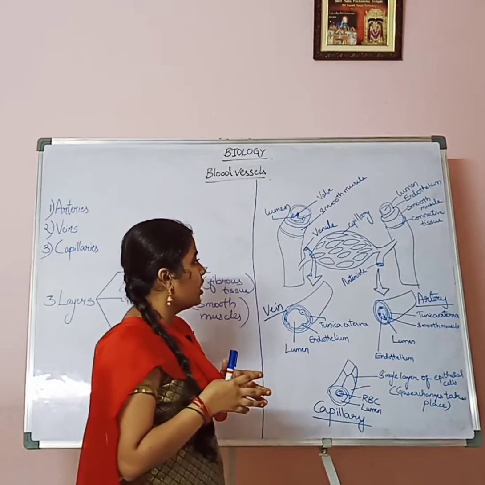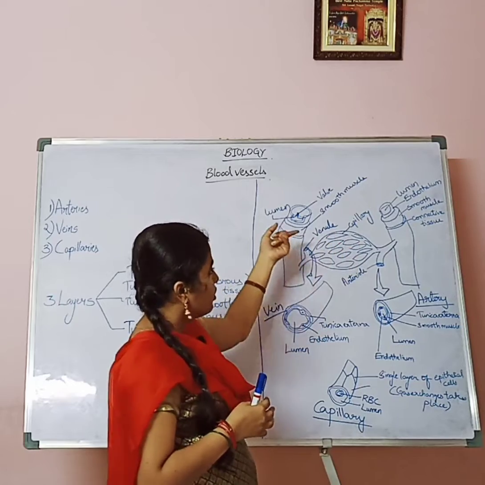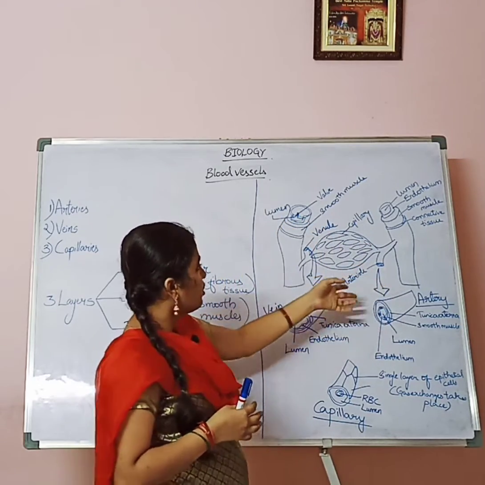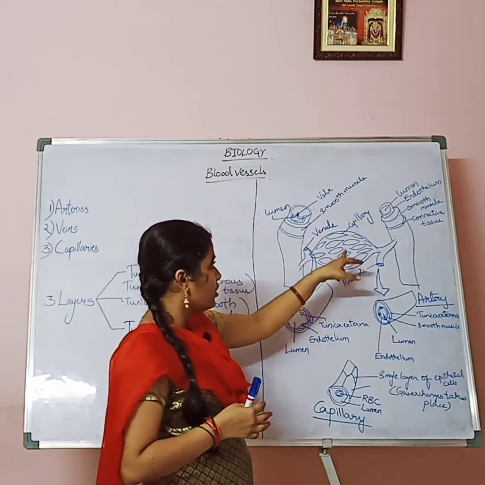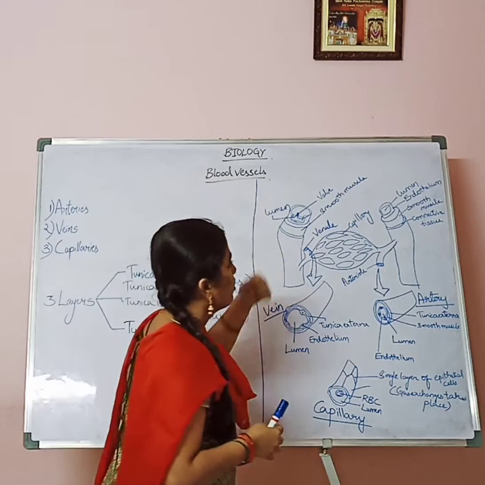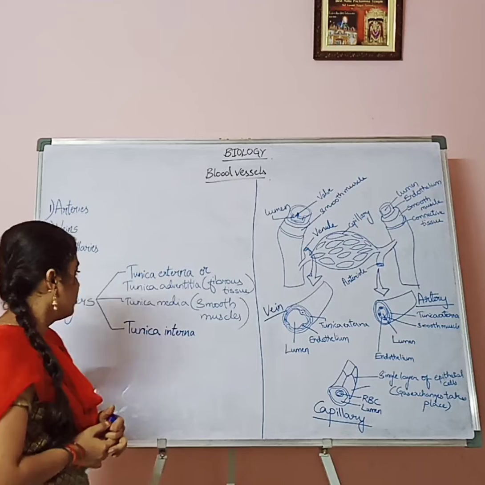The carbon dioxide from the tissue enters the capillary, and oxygen from the blood enters the tissue. Then the deoxygenated blood is carried by the veins to the heart. In this way, circulation of blood takes place in our body.